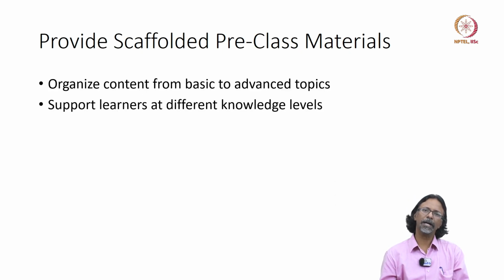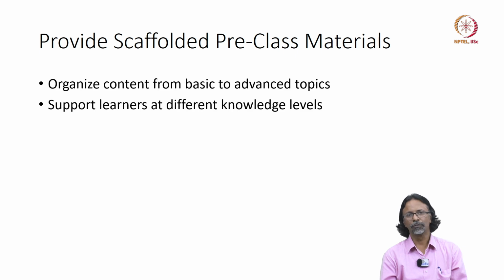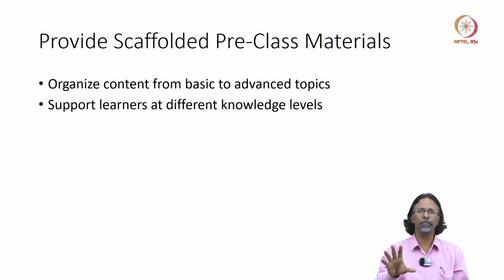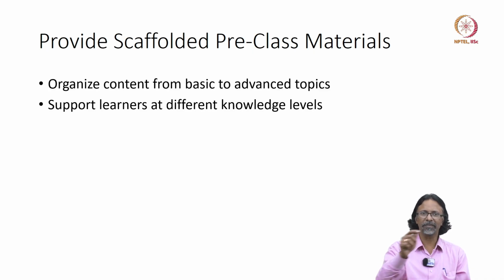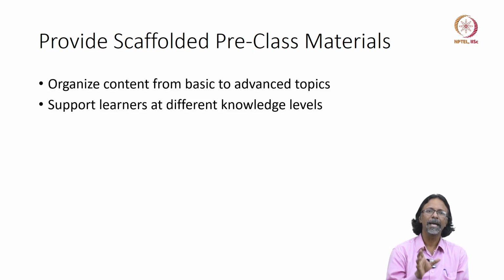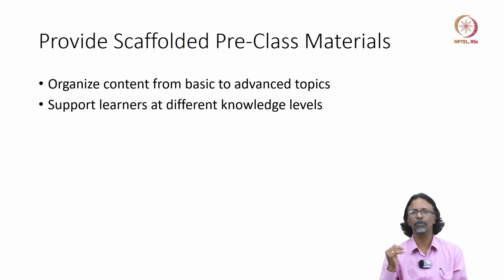This will also help people with different knowledge levels to keep pace with the material that is being provided. One easy way of doing that is, for each topic that you provide, you say that this is the prerequisite knowledge that is required, and in case you do not have that particular prerequisite knowledge, please go through this specific content, right?